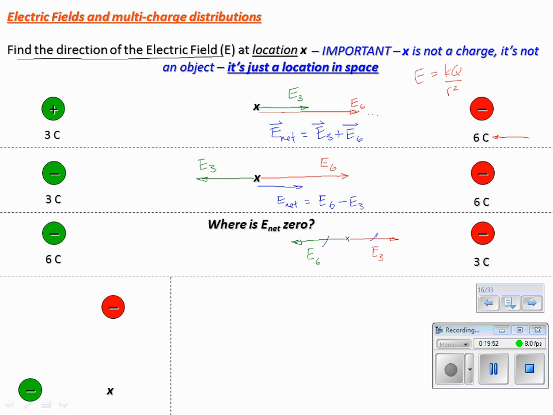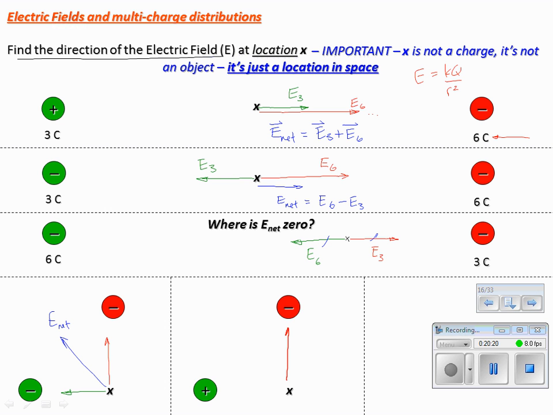Some two-dimensional examples: we get a field like that, a field like that, and therefore a net field like this. We would Pythagorate to find our net field. You should try the next couple yourself.